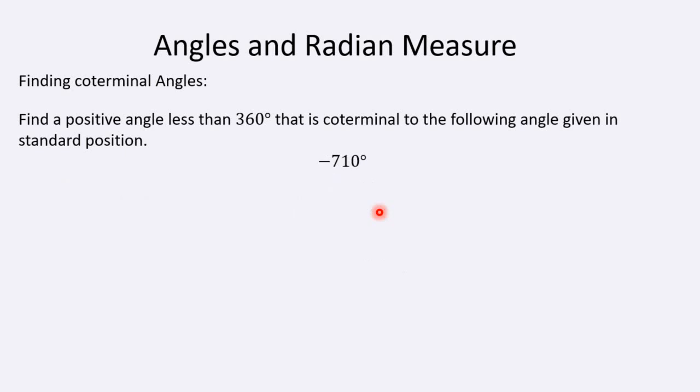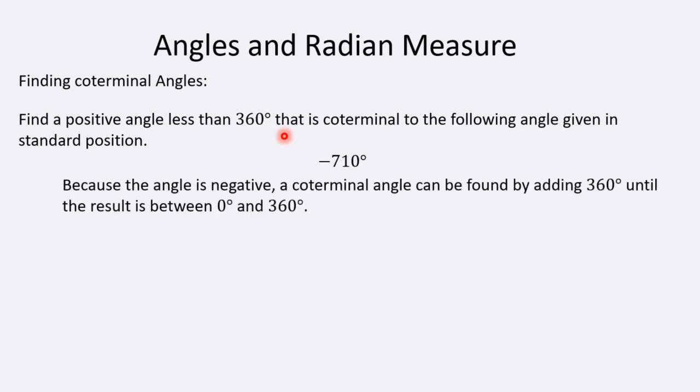All right, let's do the same thing for this angle, negative 710. So negative 710, let's see. So first, since it's negative, subtracting won't help me here. In order to get this to be a positive angle that's less than 360, I have to add revolutions. So I have to add 360. So first I will add 360 to negative 710, and I get negative 350. Still negative, so I'm not done yet.